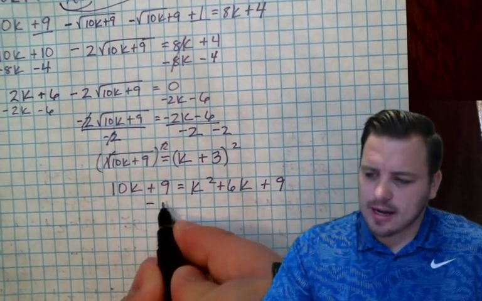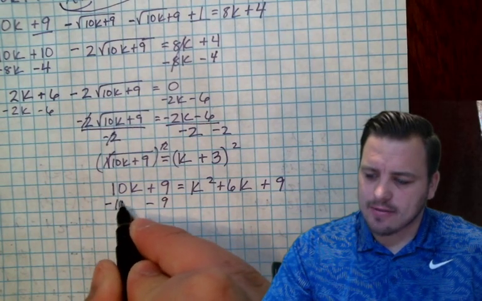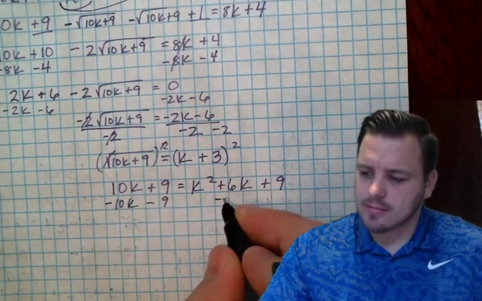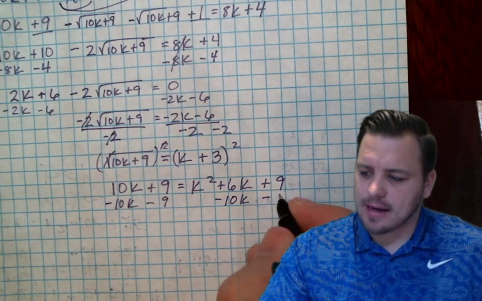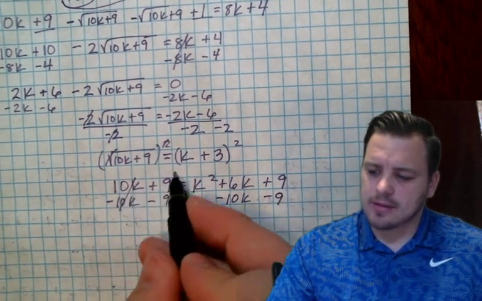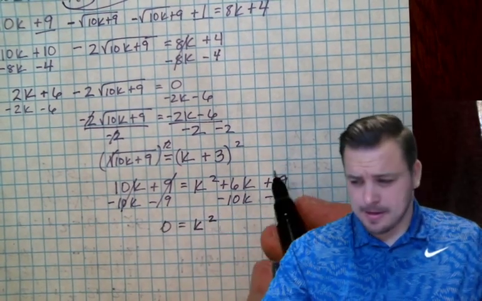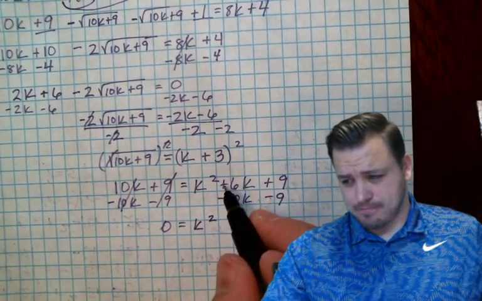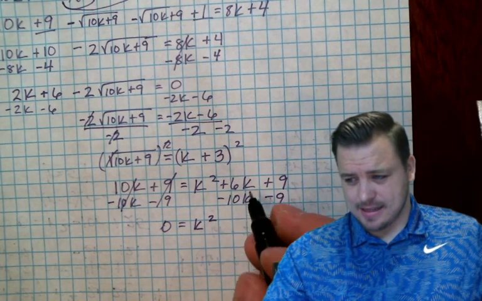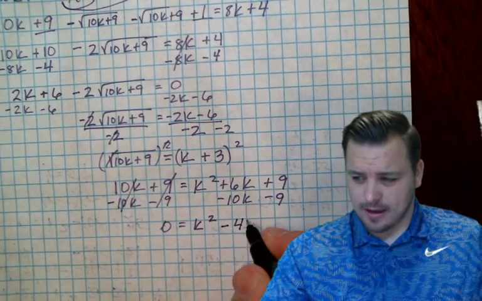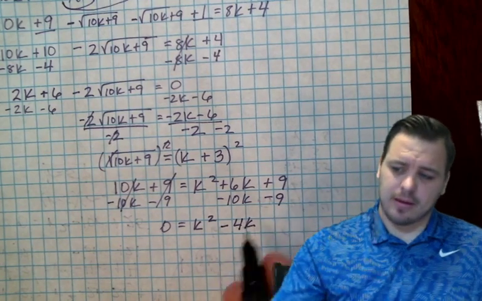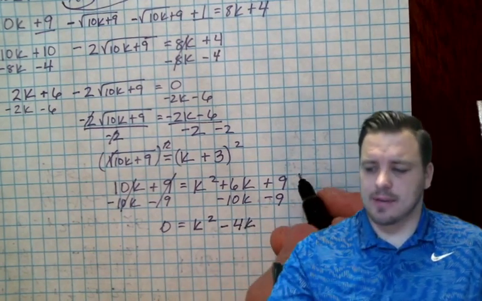Then let's subtract 9 and subtract 10k from both sides. So minus 10k minus 9. Cancels, cancels. 0 is equal to k squared, and plus 6 minus 10 would be negative 4k. And obviously that would be plus 0, or that just simply cancels.